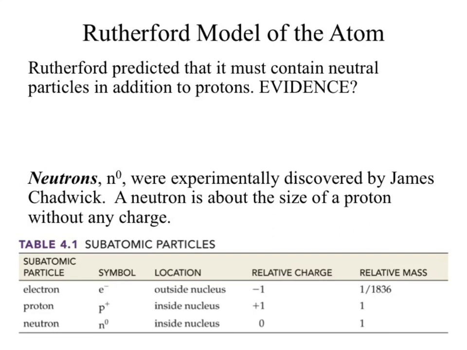Well, he said we take all the positive charge in our atom and we smash it into one tiny little place. Well, one tiny little place with a lot of positive charge, what's it going to do? Explode away from each other. So we need something in there to neutralize that charge. Since we know the electrons are on the outside, it can't be electrons, we need to have some kind of glue to go through and hold it in. What is that glue? That's the existence of your neutron.